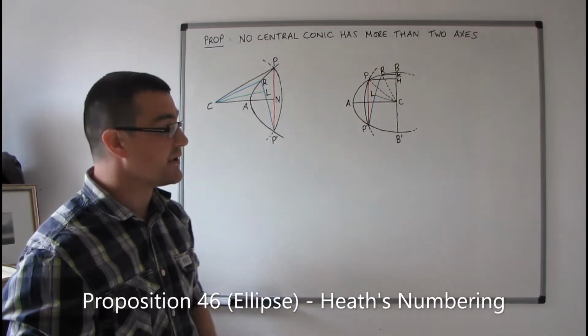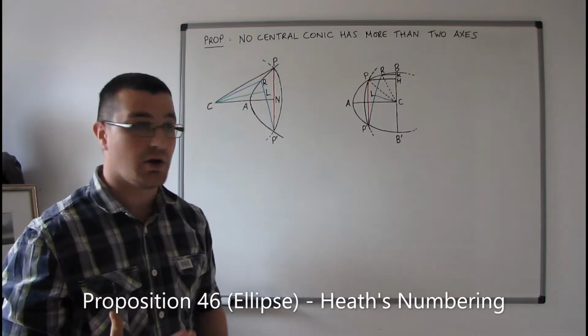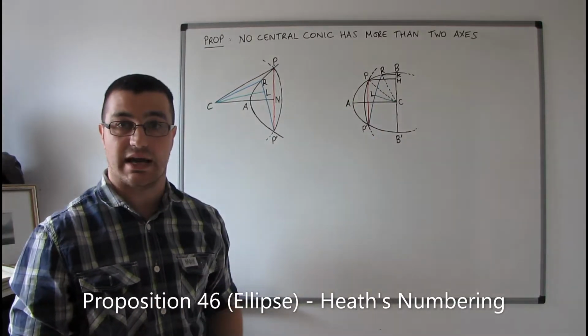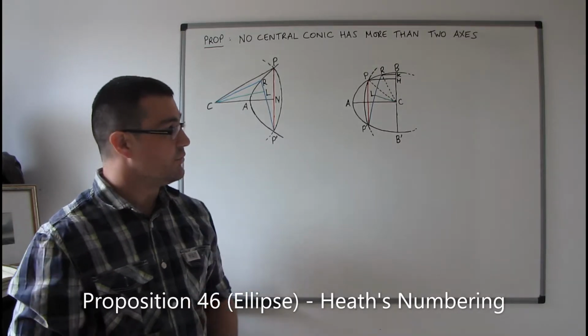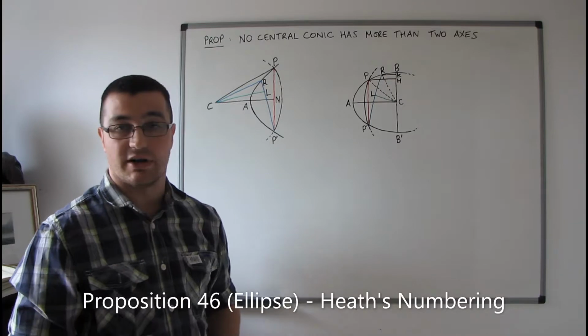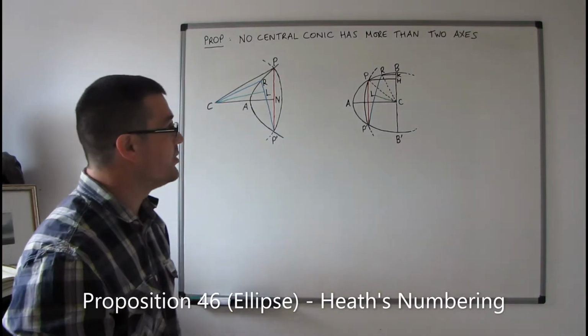This is going to be significant further down the line. So again, we're going for a contradiction here. We've assumed the existence of a third axis. We're hoping to arrive at some kind of contradiction to show that we're actually mistaken, that this is not actually an axis. So let's see how we get on with that.